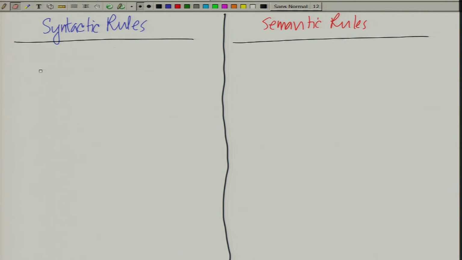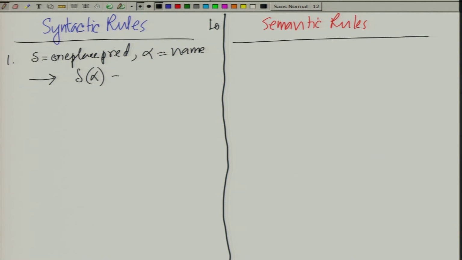For example, in the first model, in the first language, not in the model, our language is going to be L0, which is a formal language, an artificial language. We have the following rules. Syntactic rule 1 would say that if delta is a one-place predicate and alpha a name, then delta alpha is a sentence.